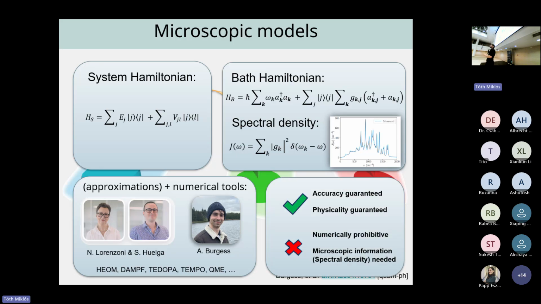However, and I'm very grateful for all of the talks before, because I think they illustrated that there's lots of things you can do. We can be very accurate with our models. We can have all of the physical properties like trace preservation, like thermalization preserved, but doing all of this is incredibly hard.